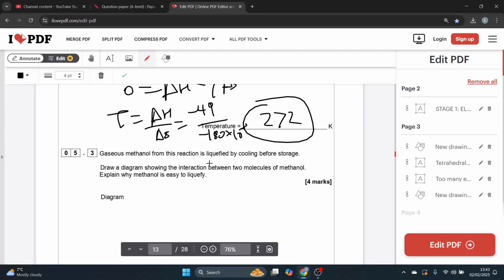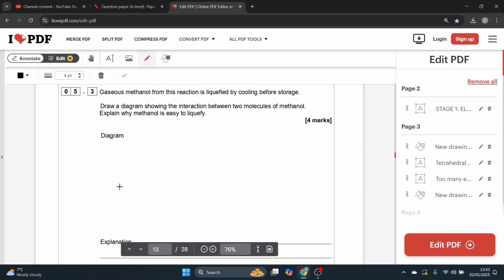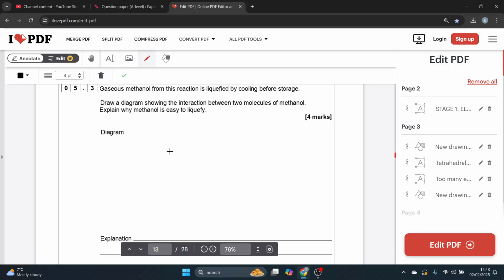Gaseous methanol from this reaction is liquefied by cooling before storage. Draw a diagram showing the interaction between two molecules of methanol. So I've got two lone pairs of electrons, delta negative.